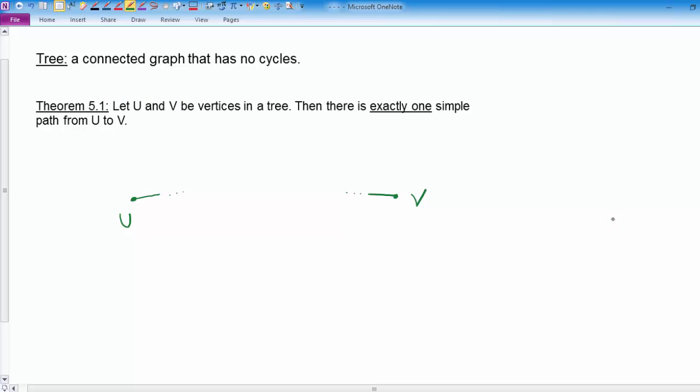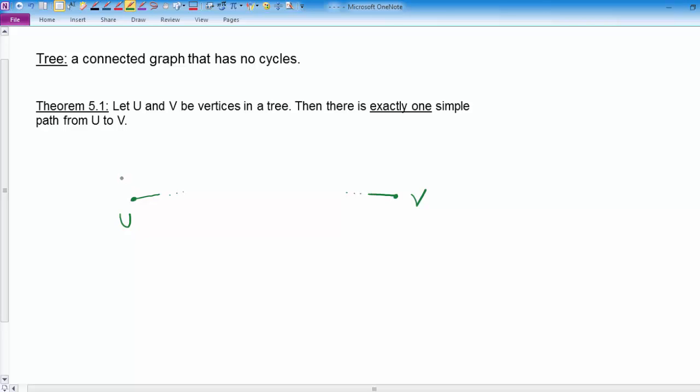Well, let's pick two vertices in the tree. And let's say that this vertex is U and that vertex is V. Now we have no idea how the shape of the tree is, but we simply pick a general vertex U and a general vertex V. Perhaps this vertex has an edge right there.